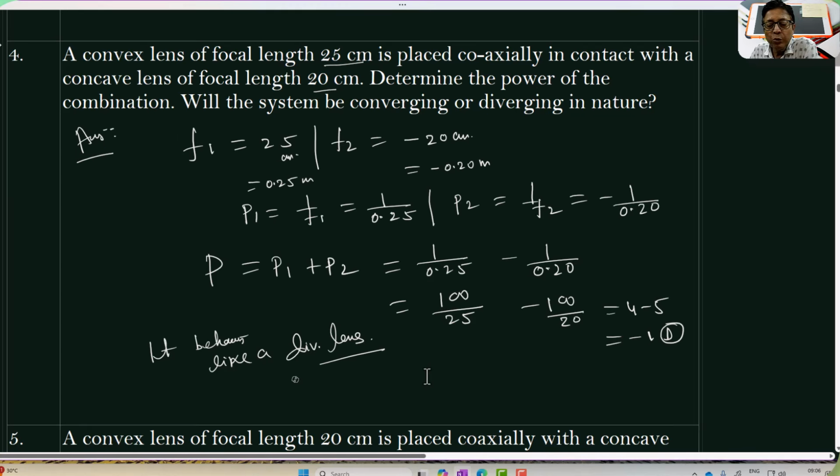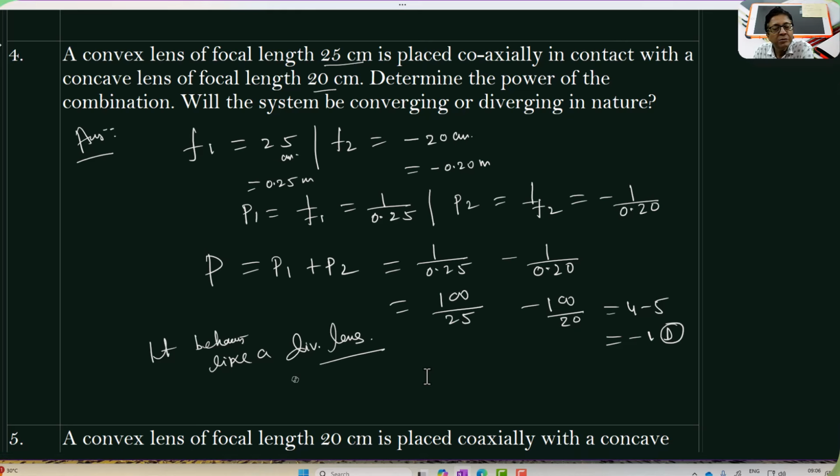Now we go for lens combination, lens mirror combination. Before I start this one, I'd like to tell you, for lens combination, never forget to use the lens formula correctly, and this common information that the focal length of a convex lens is positive, the focal length of a concave lens is always negative.